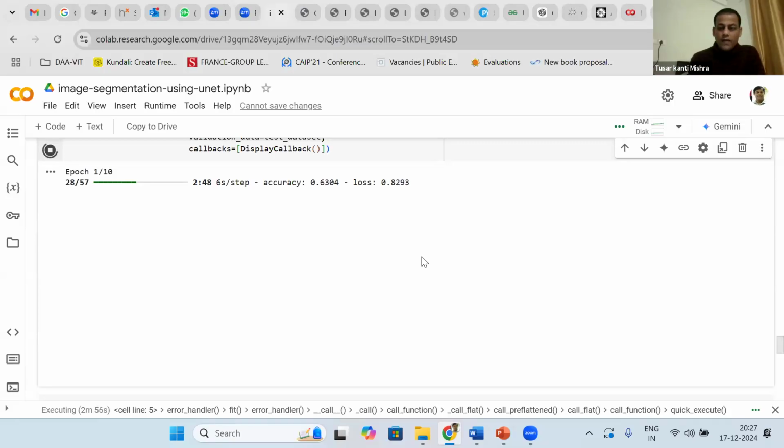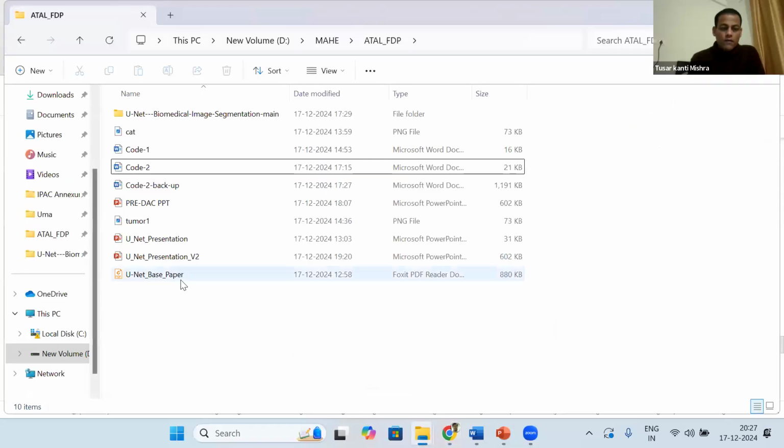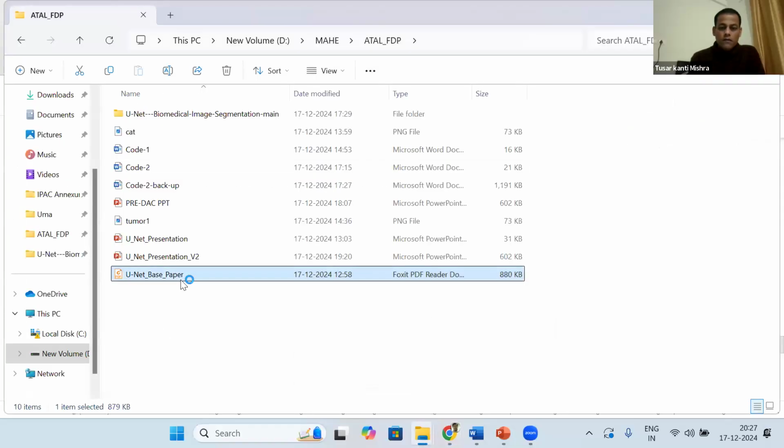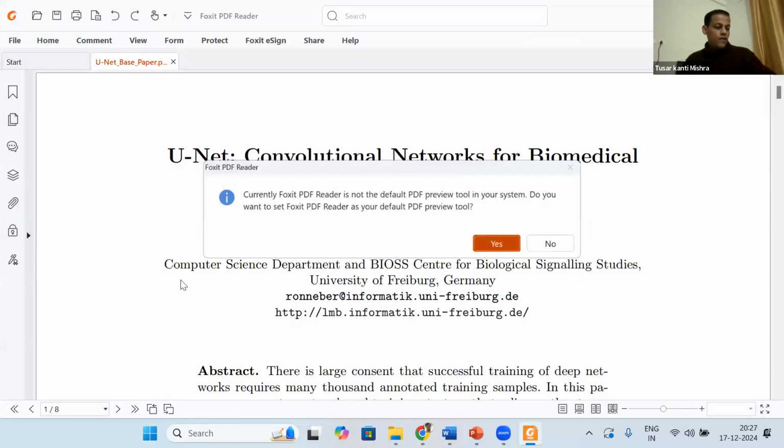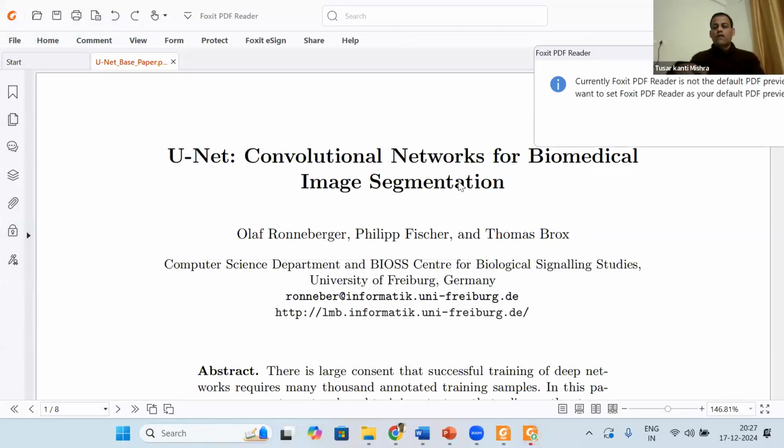Meanwhile, let me open the base paper. As we know, this UNET was introduced in the year 2015, just 9 years back. Almost 1 or 2 years later, GAN was also introduced, but that is for a different purpose.